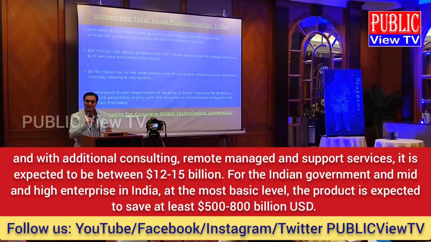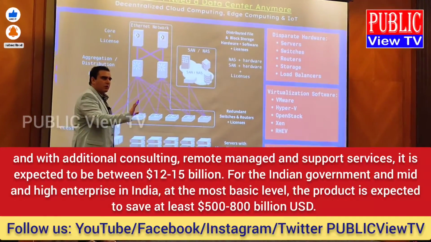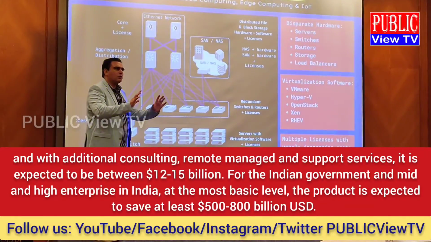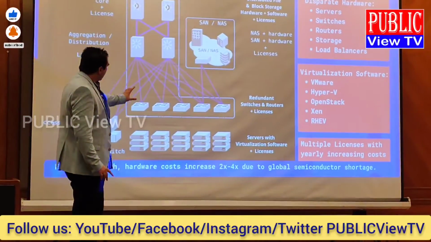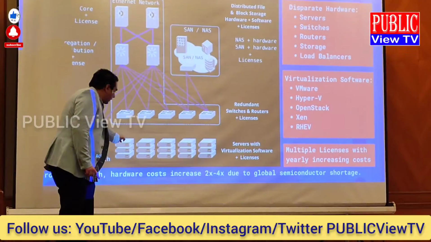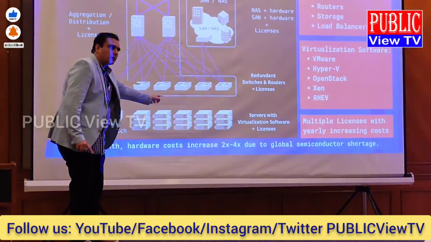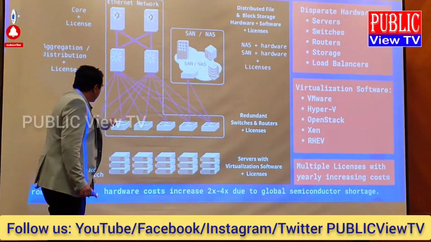However, that being said, you need this setup. Without this setup, it is not possible, whether it is Amazon, Google, or whoever it is. This is the behind the scenes, this is the setup. So you're paying for licenses on the servers, virtualization licenses, and those are ever increasing. You're paying for switches and routers.